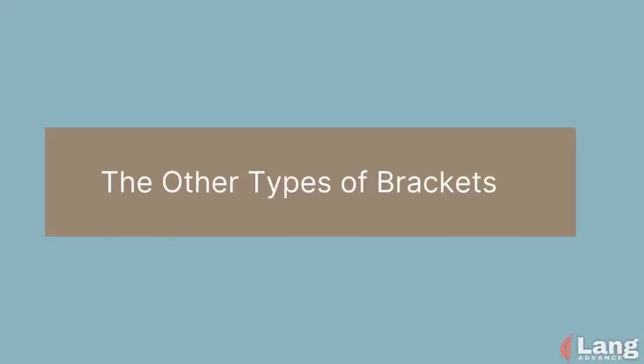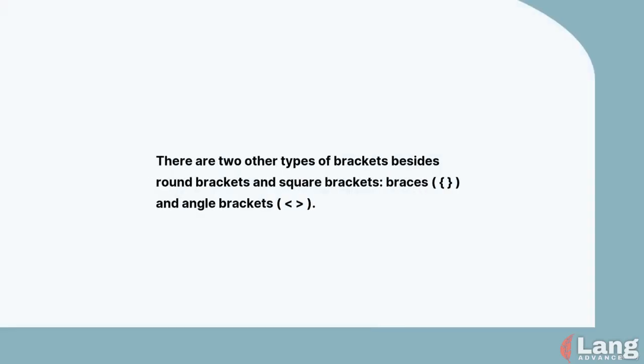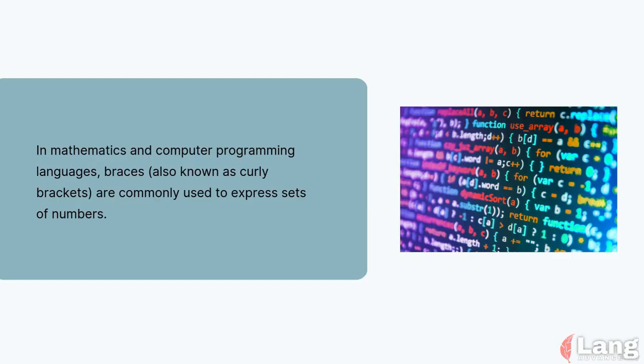The other types of brackets. There are two other types of brackets besides round brackets and square brackets: braces and angle brackets. In mathematics and computer programming languages, braces, also known as curly brackets, are commonly used to express sets of numbers.